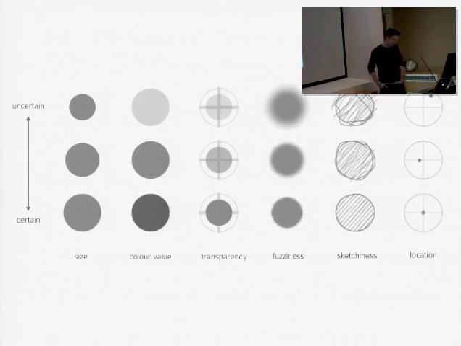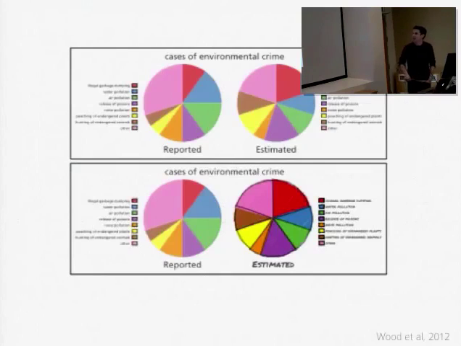Sketchiness is an interesting one because it's not been tested too much, but a colleague I work with has provided a library in Processing that allows you to use sketchy rendering, and he suggests that it may be used to encode uncertainty information.